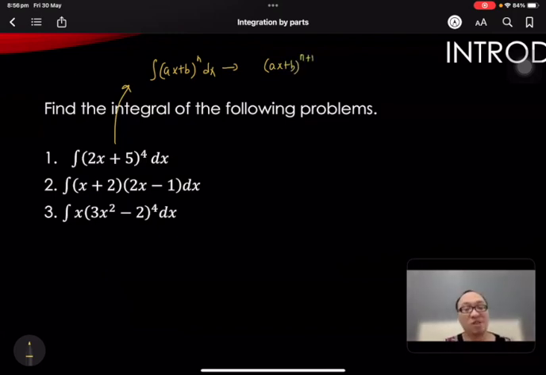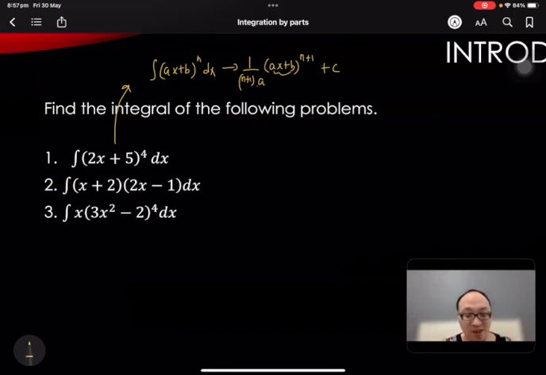We add 1 to the power first, and then divide by the new power, n plus 1. Since this is combined with the chain rule, we also divide by the derivative of ax plus b, which is a, plus c.